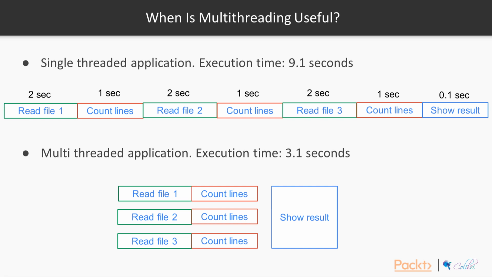By comparison, in a multi-threaded application, we can run the 3 file reading steps in parallel and do the same with the blocks of code counting the lines. Since these are now happening in parallel, the duration does not add up. Instead, we reduce the overall execution time from 9.1 seconds to 3.1 seconds.